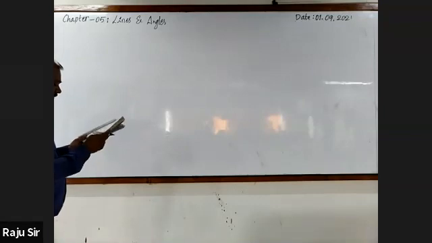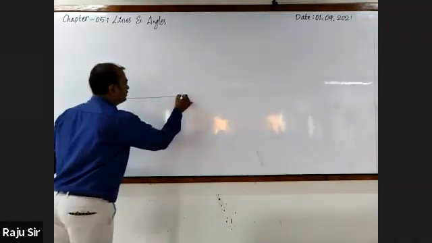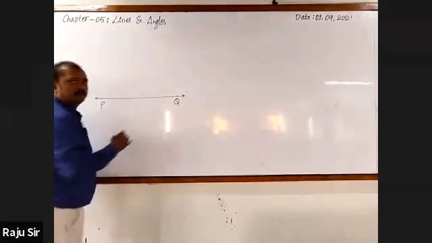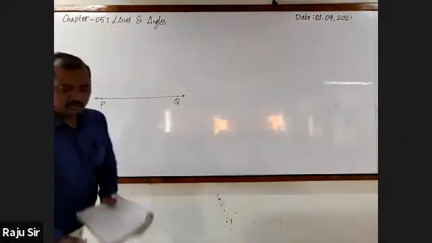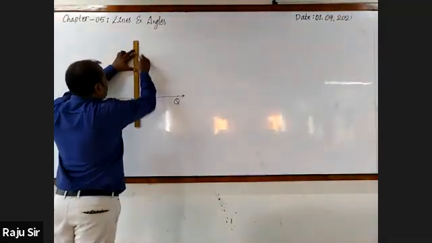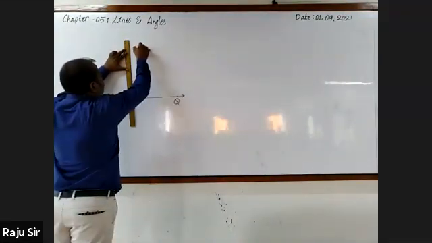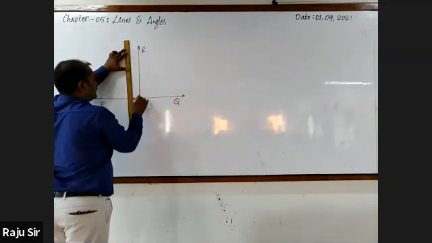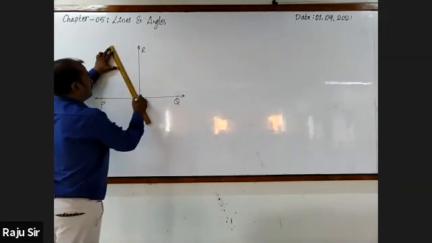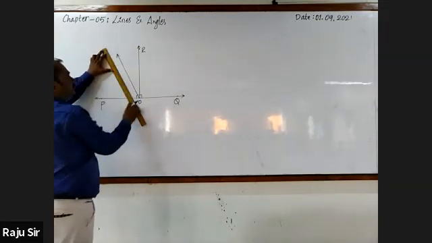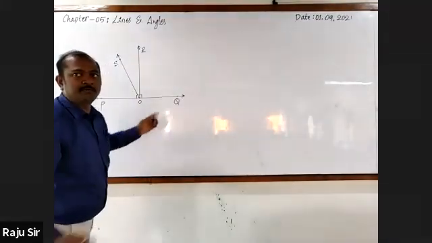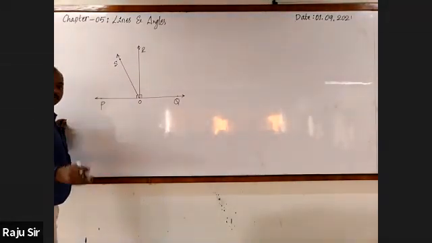They have given a straight line, and the straight line is PQ, right? Then a perpendicular has been drawn. What is that perpendicular? OR. Then a ray OS is drawn. With this information, we have to prove a statement.